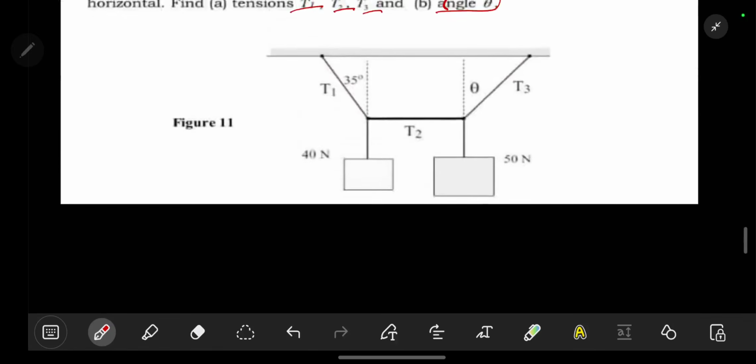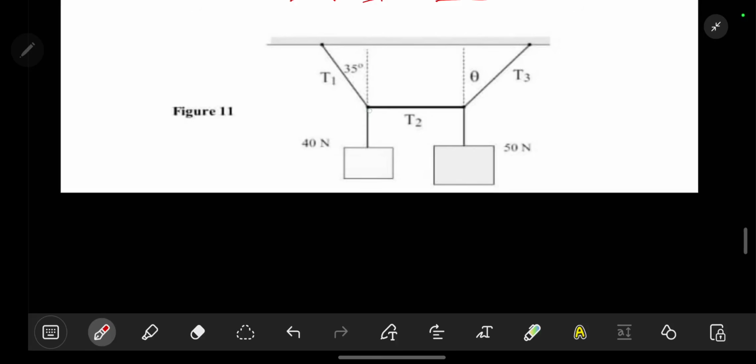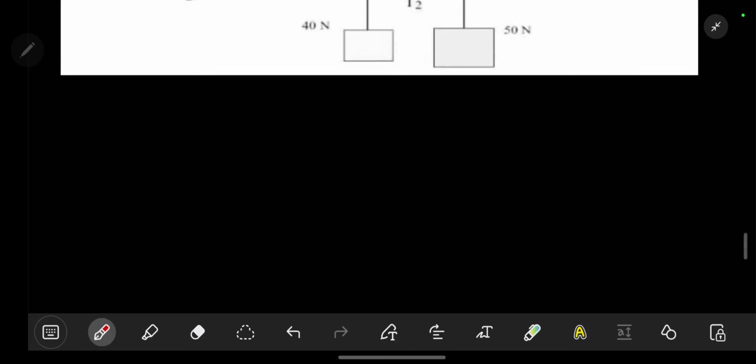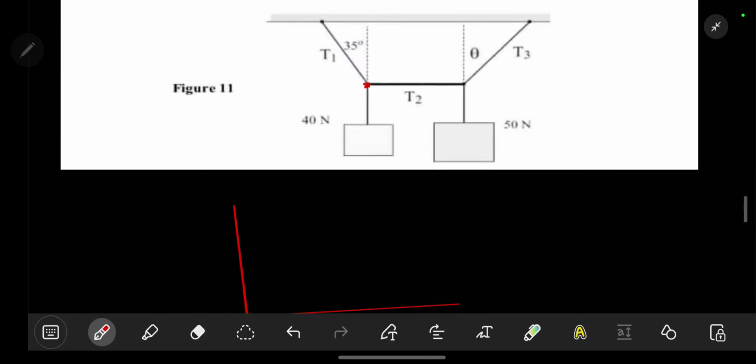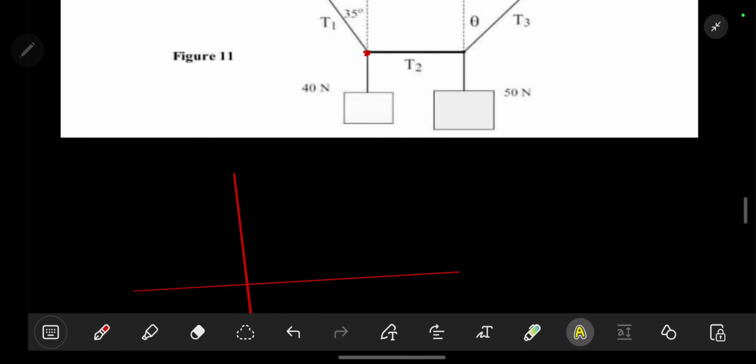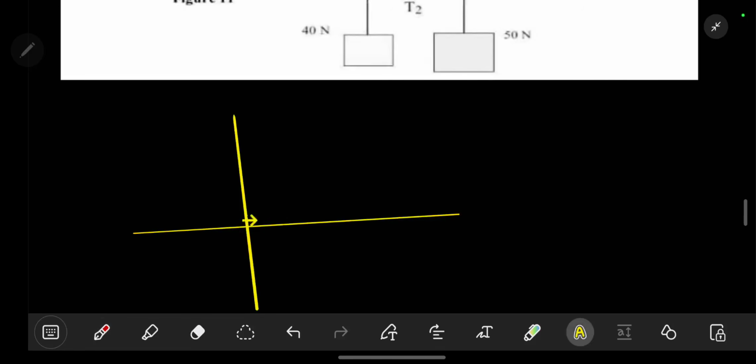So we are going to do the same thing, but we are going to isolate this into two axes. So we are going to have one axis which is going to look like this. Then we are going to draw the two lines, which will look something like this.